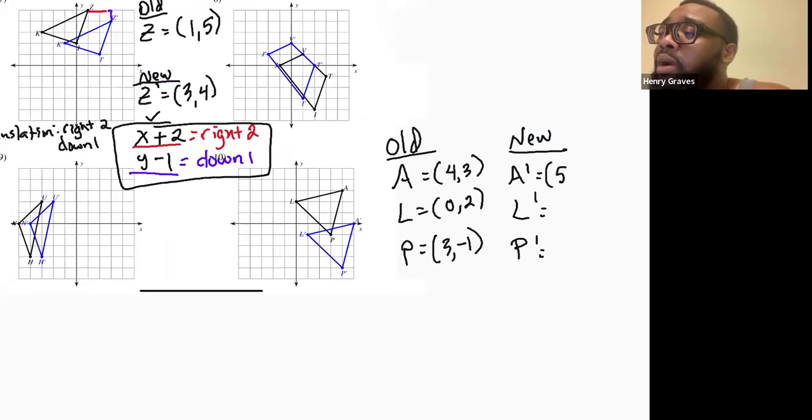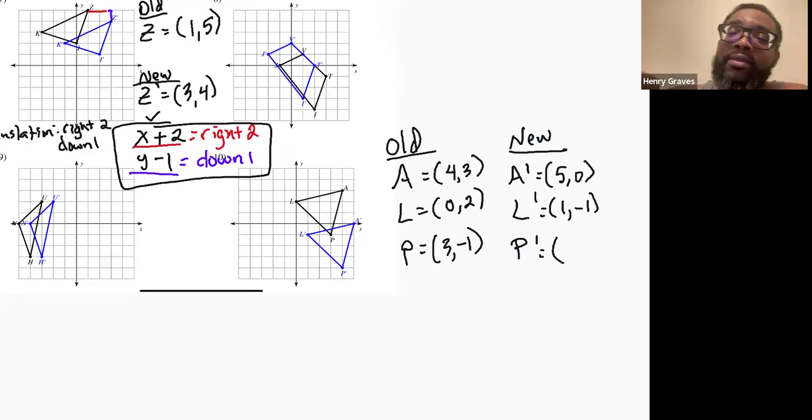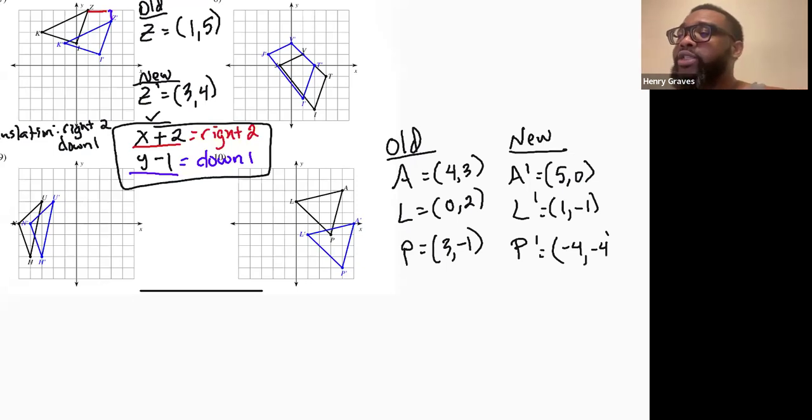L is at 1, -1. And P is at 4, -4. So let me look at my translations. It looks like I'm just adding 1 every time.